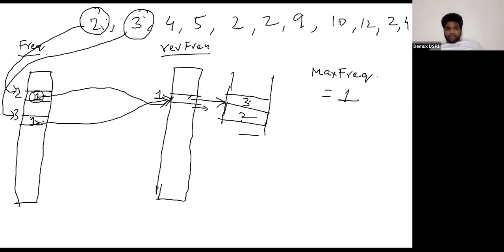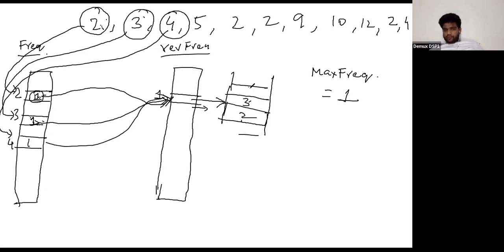The max frequency is still 1. I get a 4 now. I come to 4, this is 1, I will go here and push 4. Frequency still remains 1. 5, I will do similar things, go here and push 5.